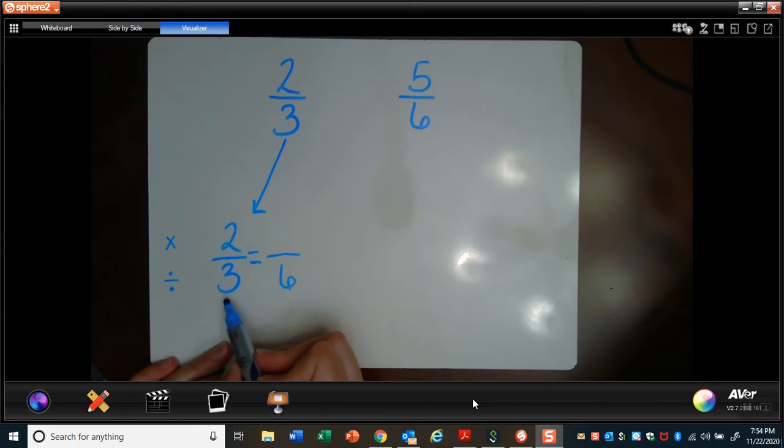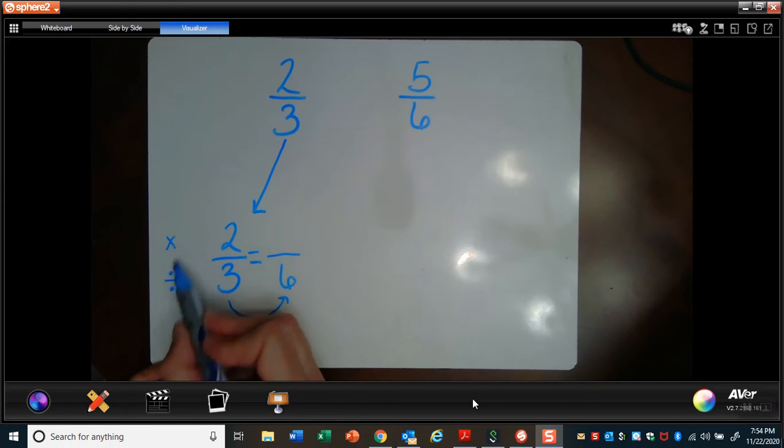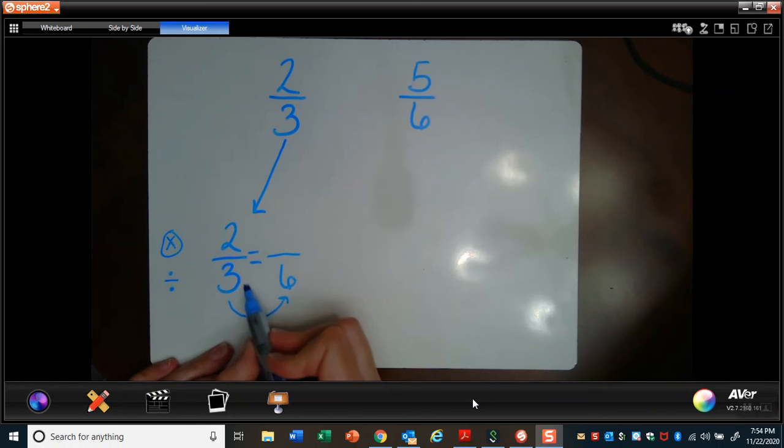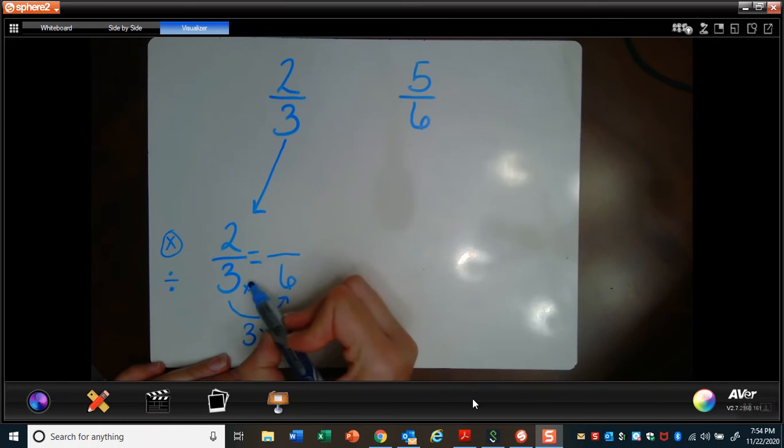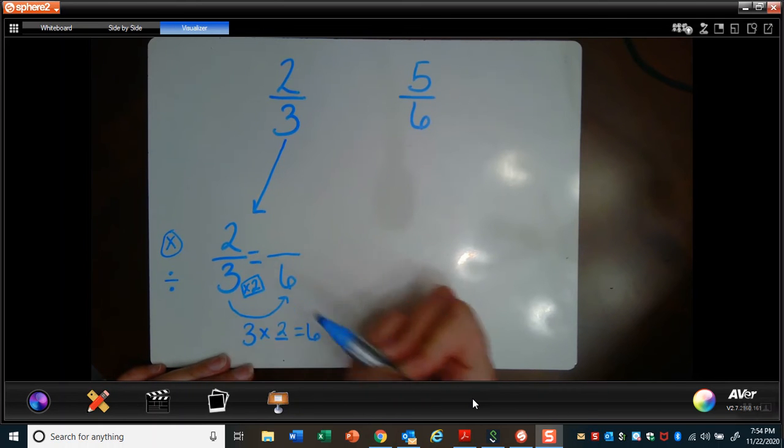For this problem, I'm going from a 3 to a 6, which means I'm growing in number. And whenever I'm getting bigger, that means I'm going to use multiplication. And in order to get from 3 to 6, I want to know 3 times what equals 6. And I know that 2 sets of 3 equals 6. So 3 times 2 equals 6.